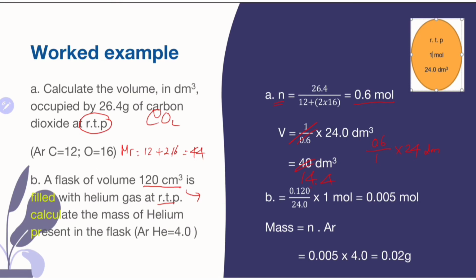So you get 0.120 dm cube. In RTP, 1 mole is 24. So the number of mole is this one. And the mass is n times Mr, Ar. Because helium is an element, so this one is Ar. The Ar is 4. So mass is mole times Ar. The result is 0.02 grams.